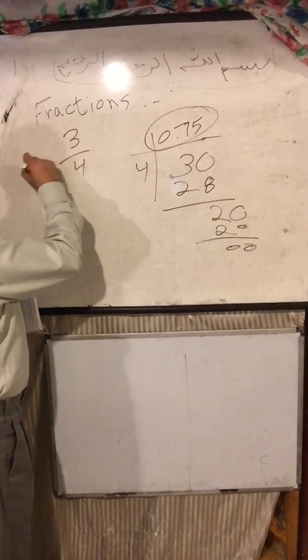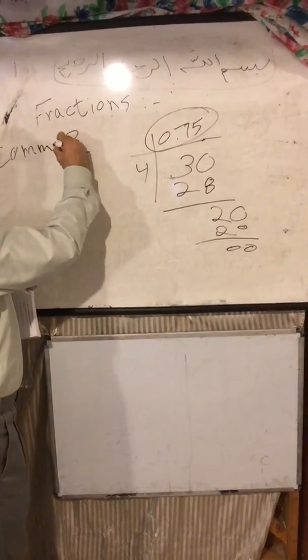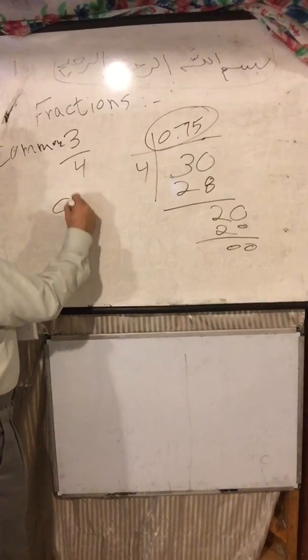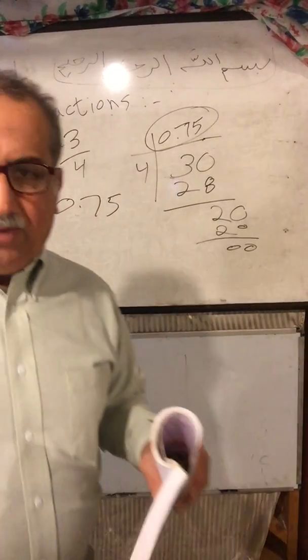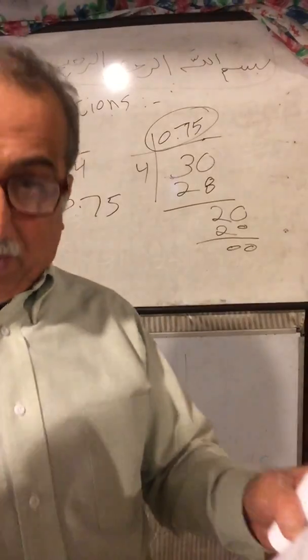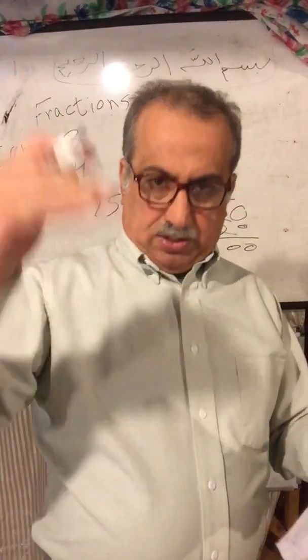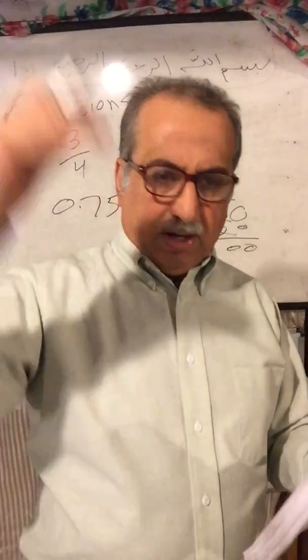So this is the common fraction and 0.75 is the decimal fraction, right? That's how we convert from a common fraction to a decimal fraction. You just divide the common fraction, a regular normal division.